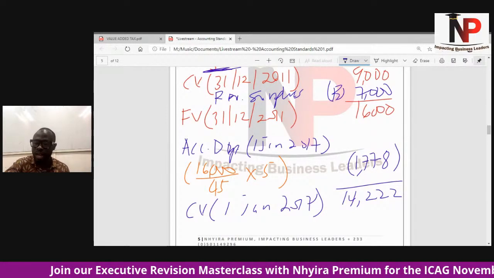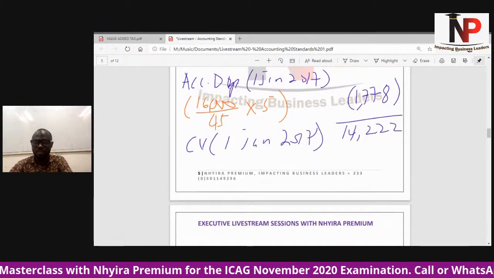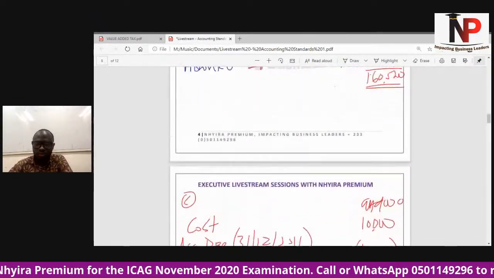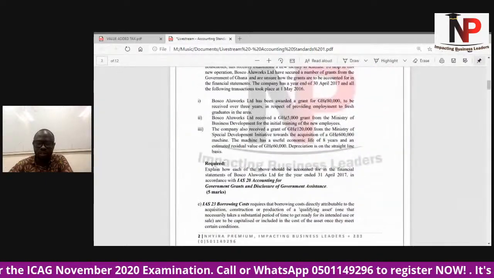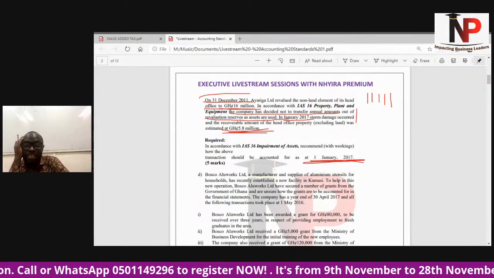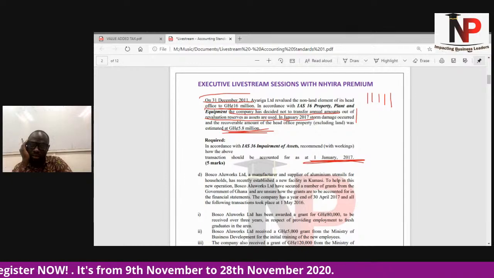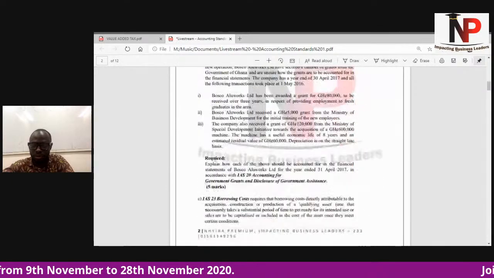So this is the carrying value at this date, 1st January 2017. But it was on this 1st January 2017 that we were told that another revaluation was done, and this time around the asset value is 5.8 million.